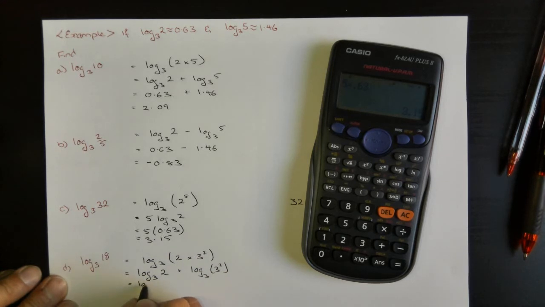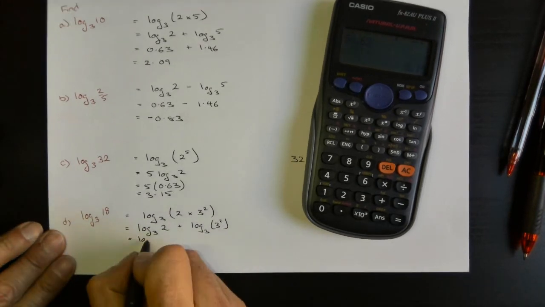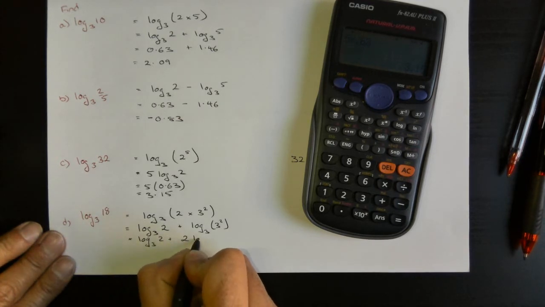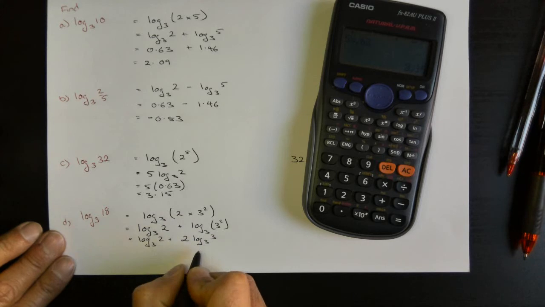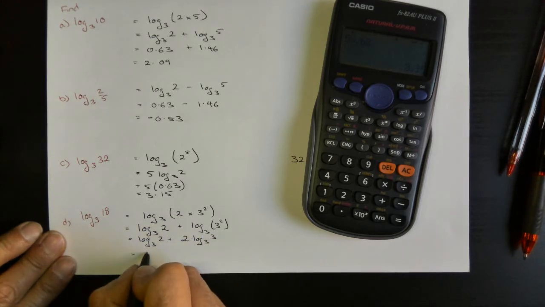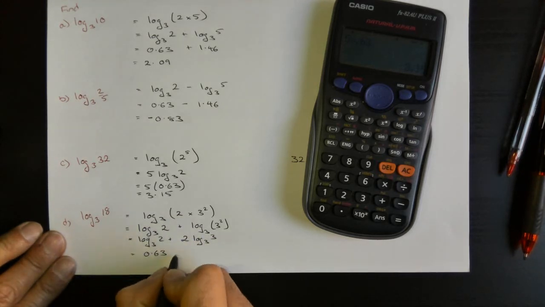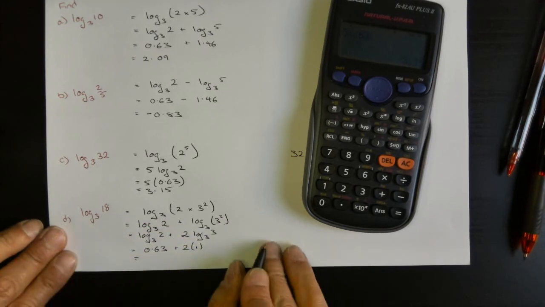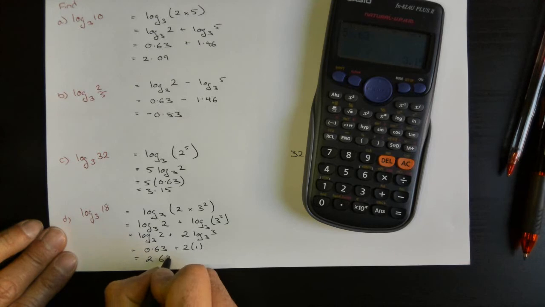Well, that's the same as 2 lots of log base 3 of 3. Log base 3 of 2 was 0.63, and log base 3 of 3 is just 1. So the solution to this would be 2.63.